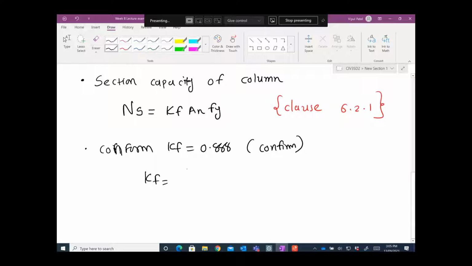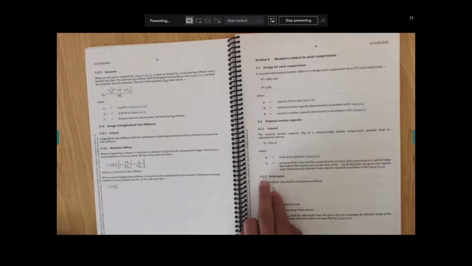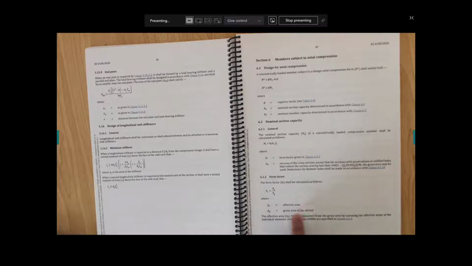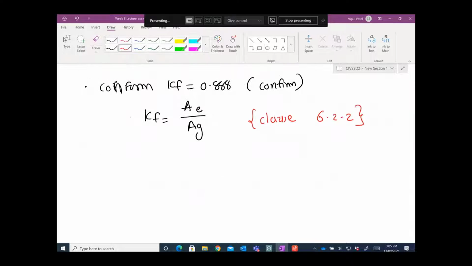Ae over gross area, and that equation is basically coming from clause 6.2.2, and I will show it to you in a minute. This clause 6.2.2 is the form factor, effective area over gross area of the cross section. So let's do the easy job first.